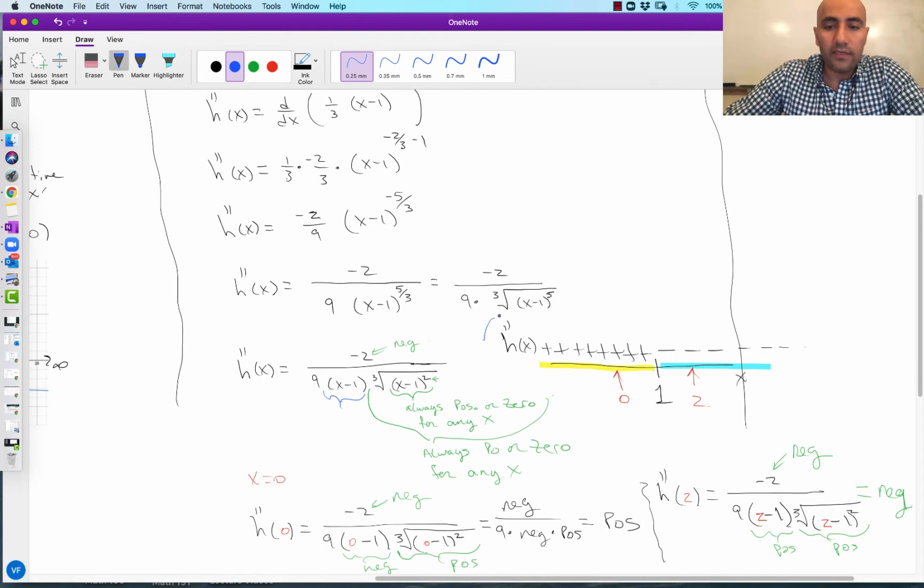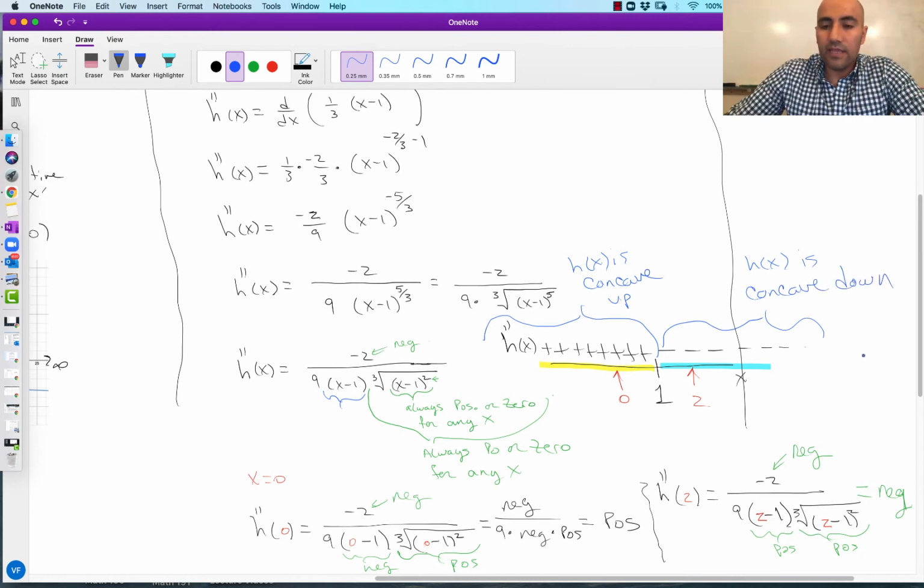Right, so on this interval from here to here, it means that h of x is concave up, because the second derivative is positive. And on this interval from here to here, g of x is concave down because the second derivative is negative.